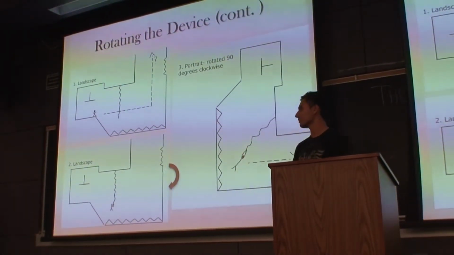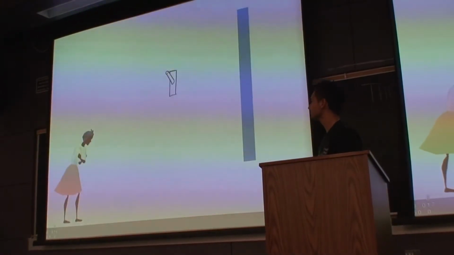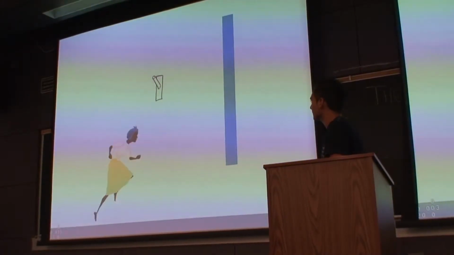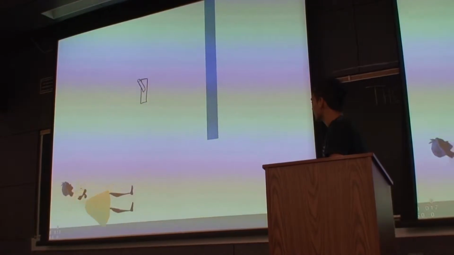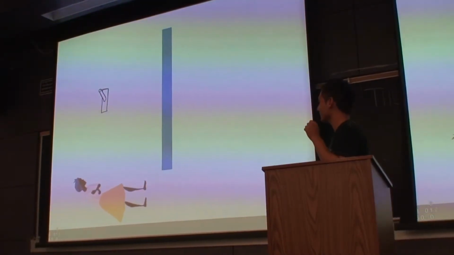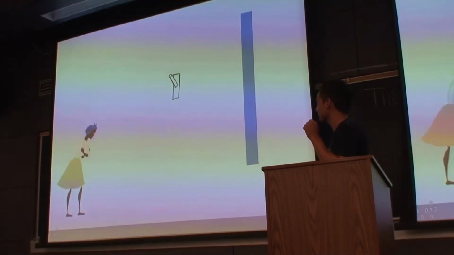And we have a short demo to demonstrate this mechanic to you guys. So she jumps to that lever, opens the door, and if you rotate the iPad, she'll go to the other side.